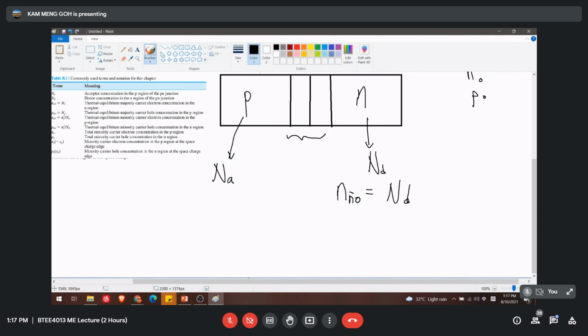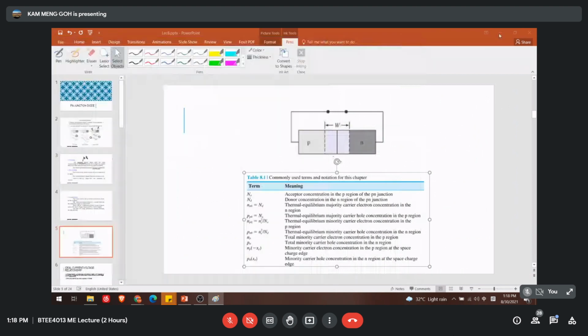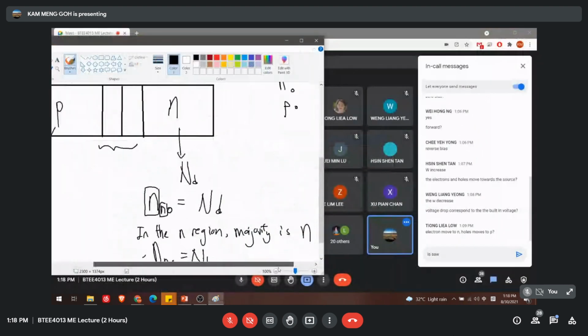In the N region, the majority is N. We denote it as NNO. And we know that the majority is doped by the ND, so we equate it to the ND. At this point, can you understand?